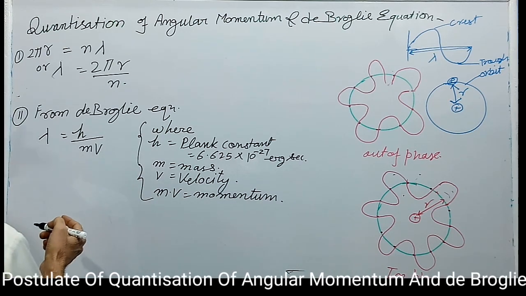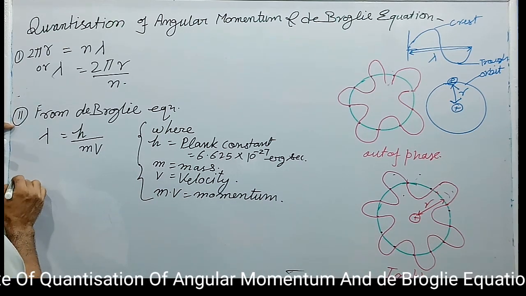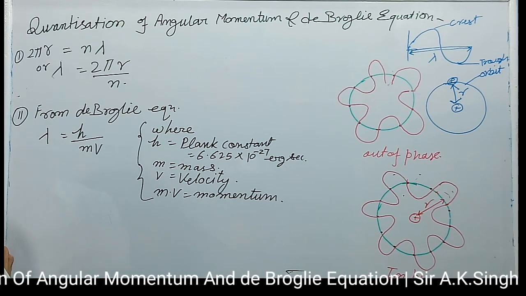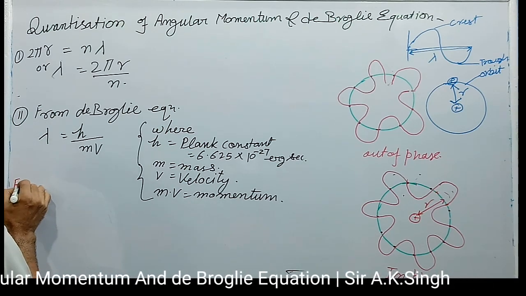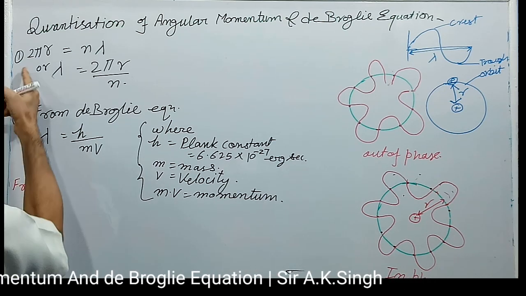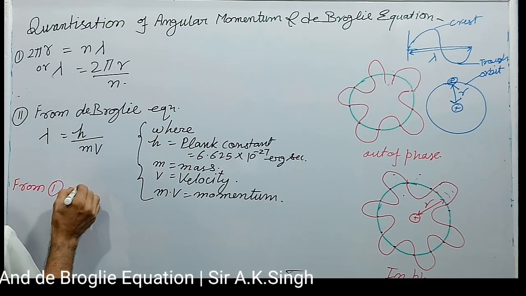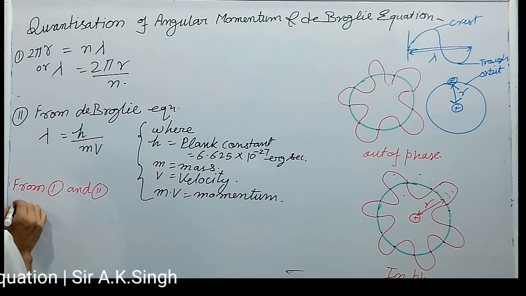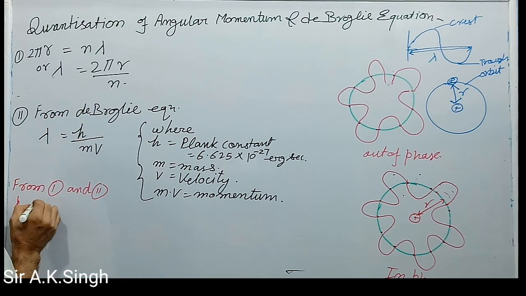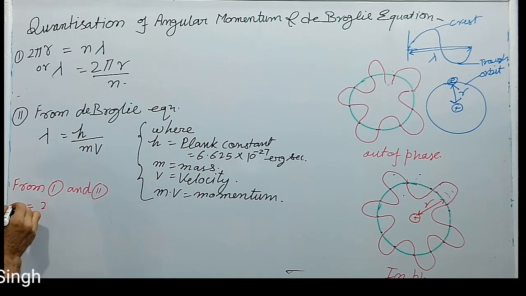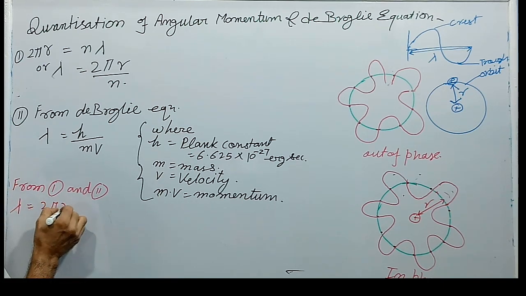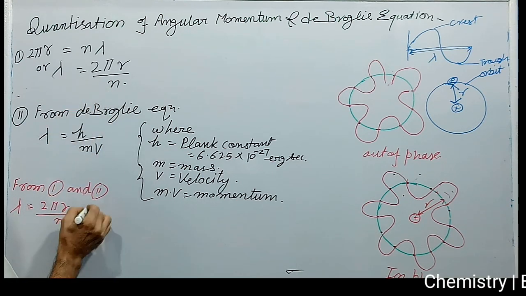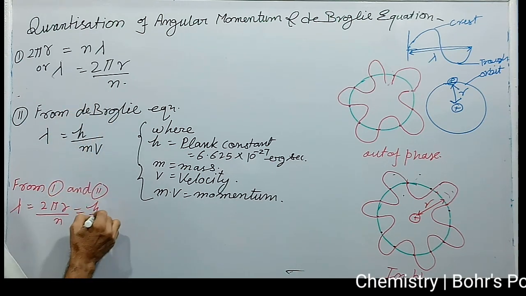Now from the first and second equations, lambda equals 2 pi r by n, and this equals h by mv.